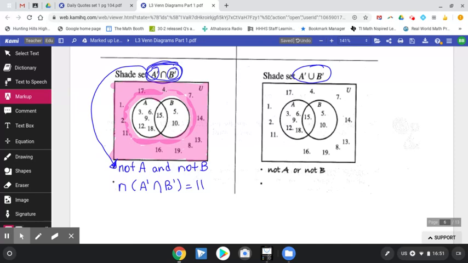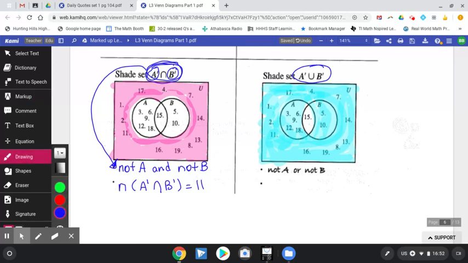So not A is everything on the outside of A. And not B, that's everything on the outside of B. So the whole blue region, we keep it all because we're putting those two together to make a larger set.